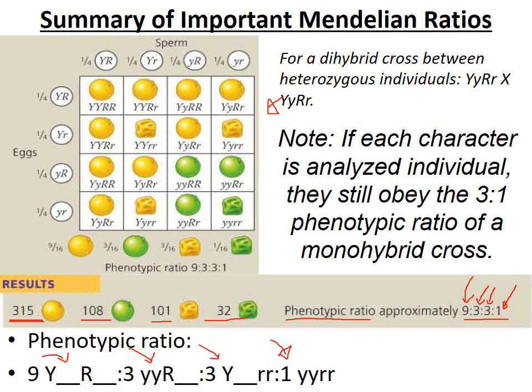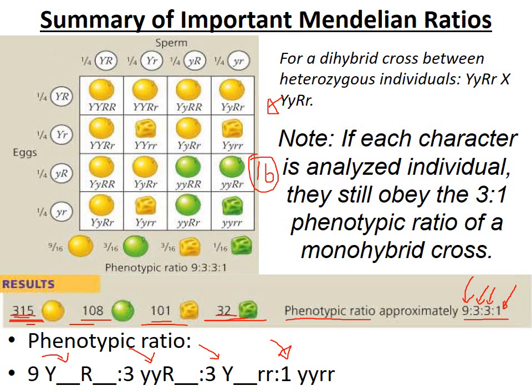So we didn't actually just have 16 plants or 16 peas. We had many more, but when you simplify the ratio for all those characters, we always got that 9:3:3:1 ratio as an end result. So for example, this 315 is 9 times bigger than that 32.